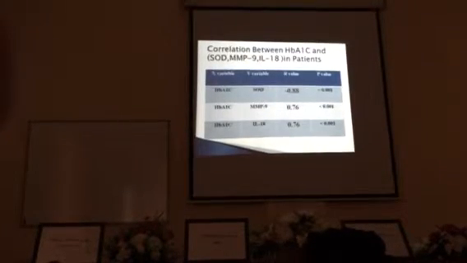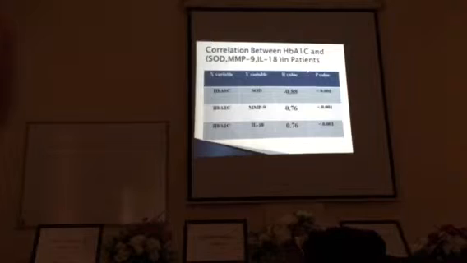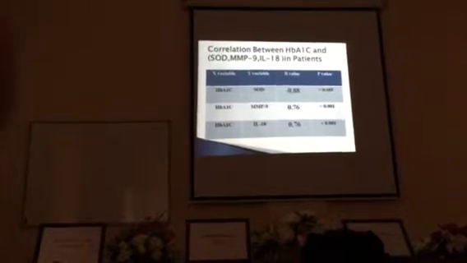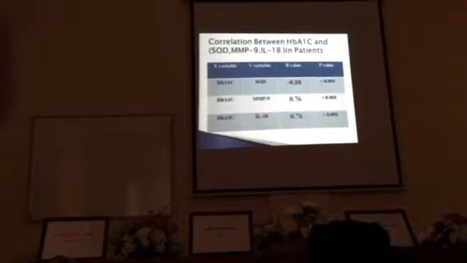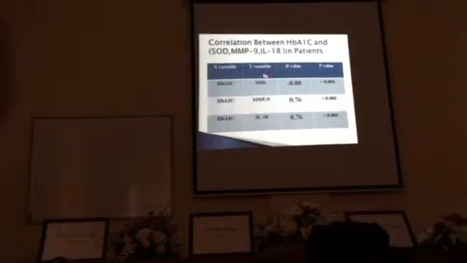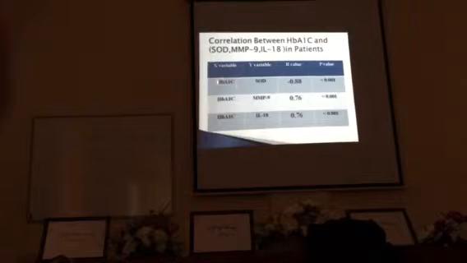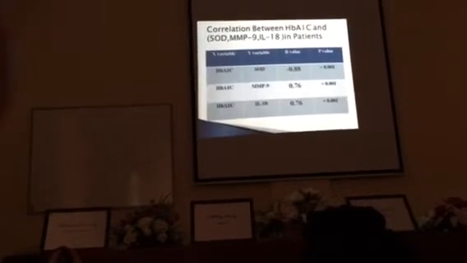What's more interesting here is the link between blood glucose level and the studied parameters. As you see here, there is significant strong correlation between HbA1c and all three parameters. HbA1c is glycosylated hemoglobin and indicates blood glucose level.